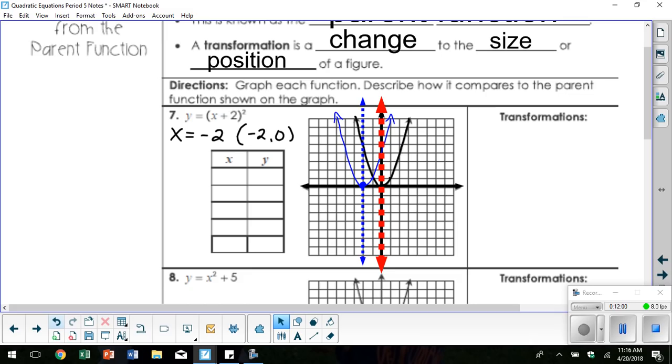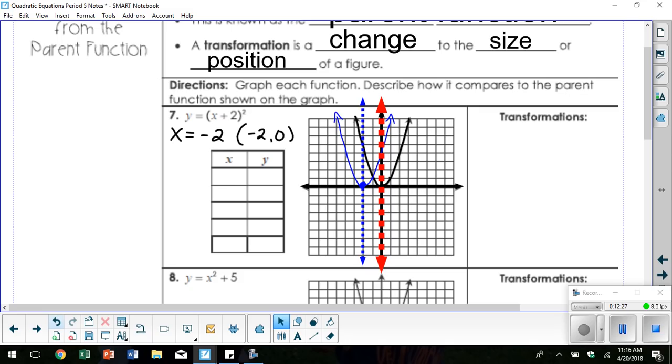So if it's a positive inside here, it would go left. If it was a negative inside there, it would go right. Remember, it comes out the opposite. That's why. If it's a +2 in there, it came out as a negative, right? If it was negative in there, it comes out as a positive.